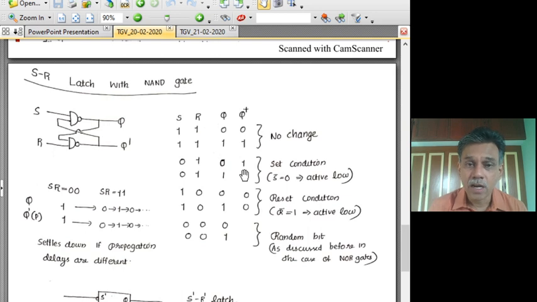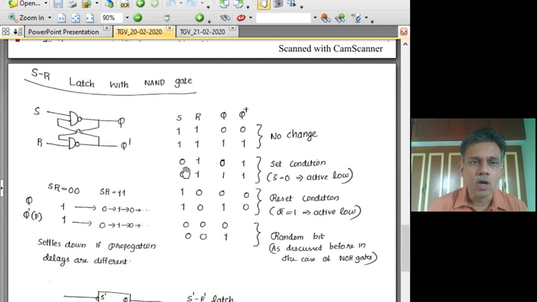So in order to set this latch to a 1 state, that is treating Q to be the output, what we have to do is that we have to have this input condition S equal to 0, R equal to 1, which is complement to what we have already seen.